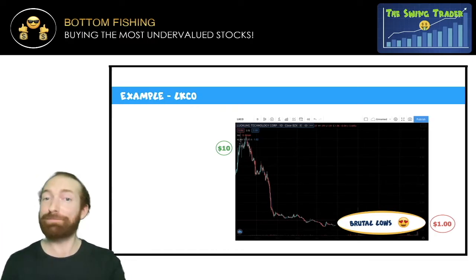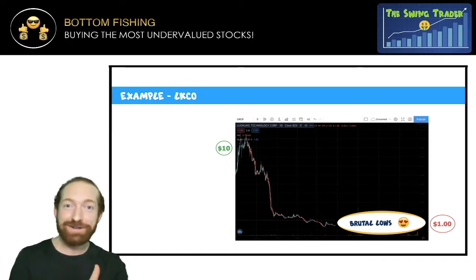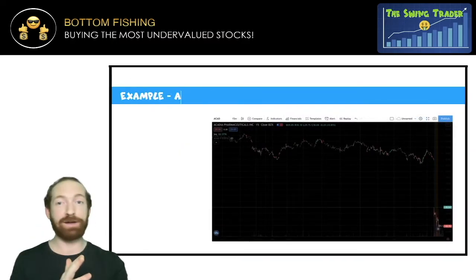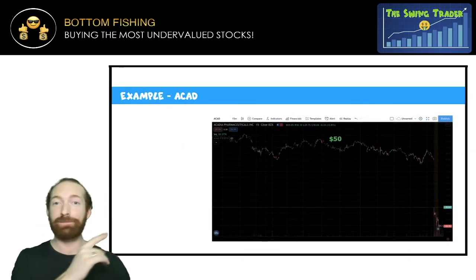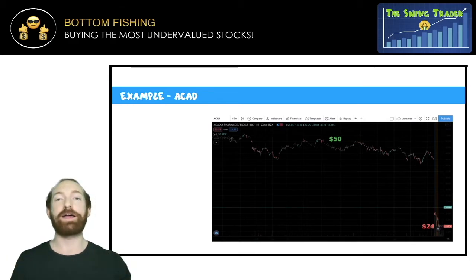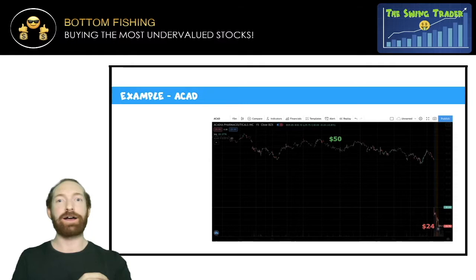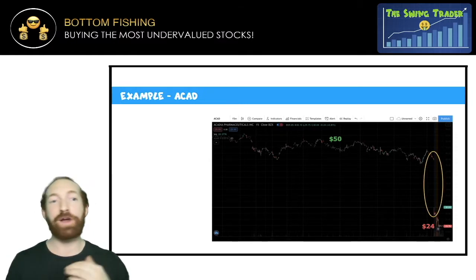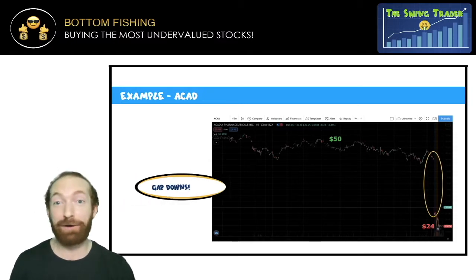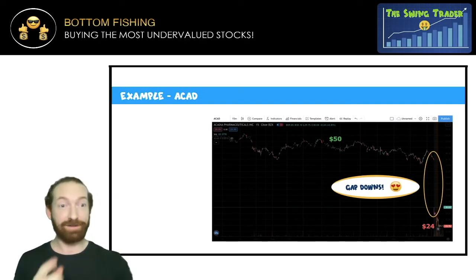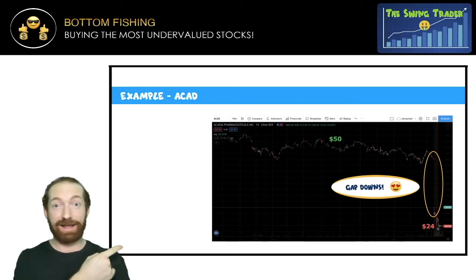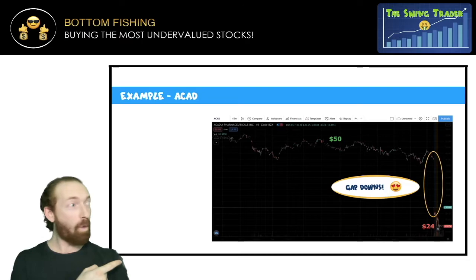Another example of bottom fishing situations that I just love to jump into is highlighted here by ACAD. Why? Because it was trading around $50 a share a few weeks ago until one morning session when it gapped down mega. It lost half of its market cap basically overnight. Ooh.